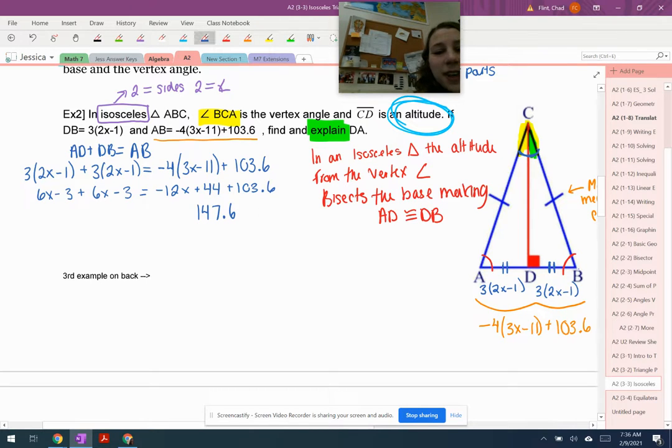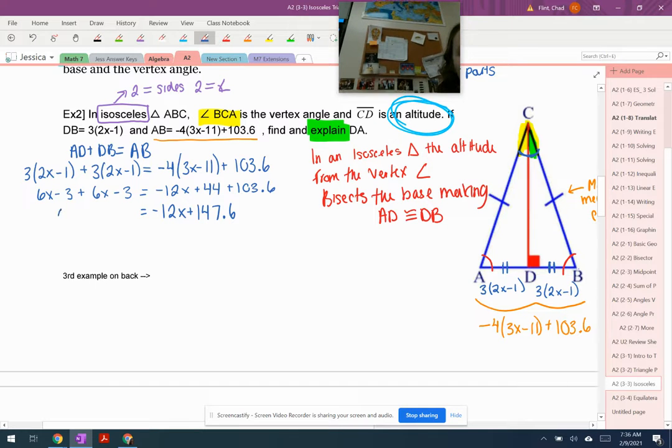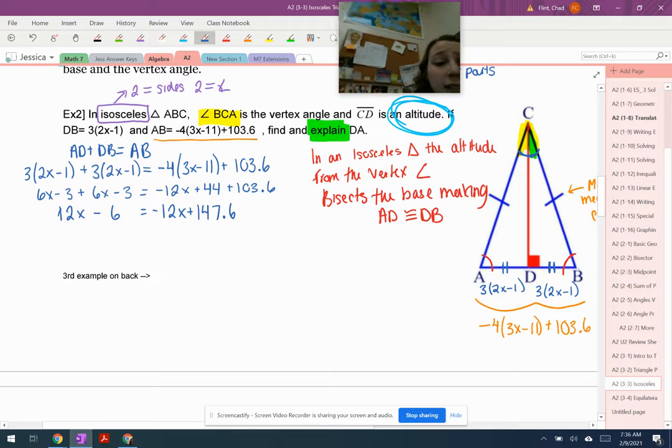You like that math there in my head? Carry down my negative 12x. 6x plus 6x is a 12x. Negative 3 minus 3 more is negative 6.